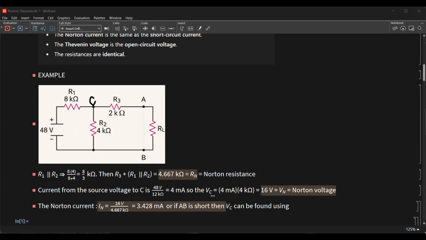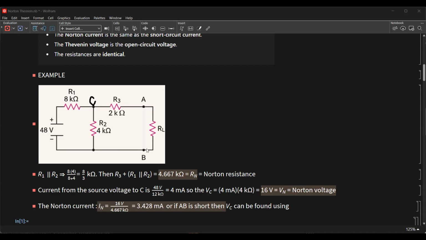So the voltage at C is 4 milliamperes times 4 kilo ohms, equal to 16 volts, which is the Thevenin voltage. So we have to open this RL first.